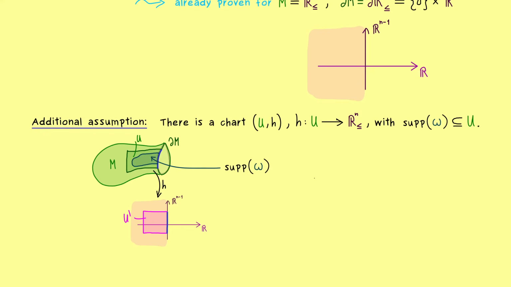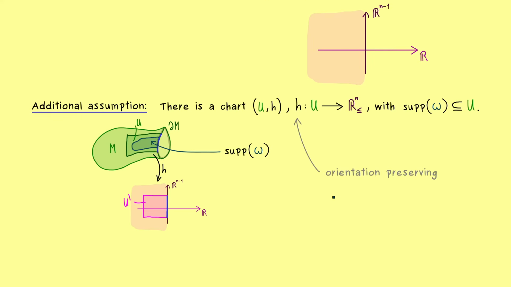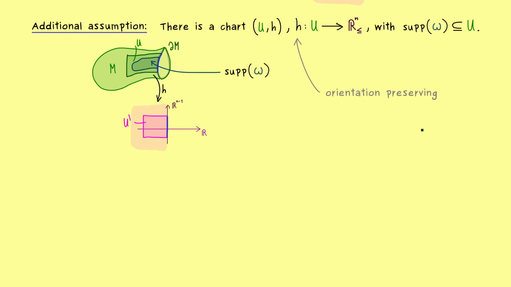And moreover, a small detail we can add here is that the chart should be chosen in such a way that it is orientation preserving. This is the usual thing we want to have for integration, and if we don't have it, it's also not a big problem, because we just have to deal with one sign anyway. So this is the whole assumption we need, and now we can prove Stokes' theorem under this assumption.